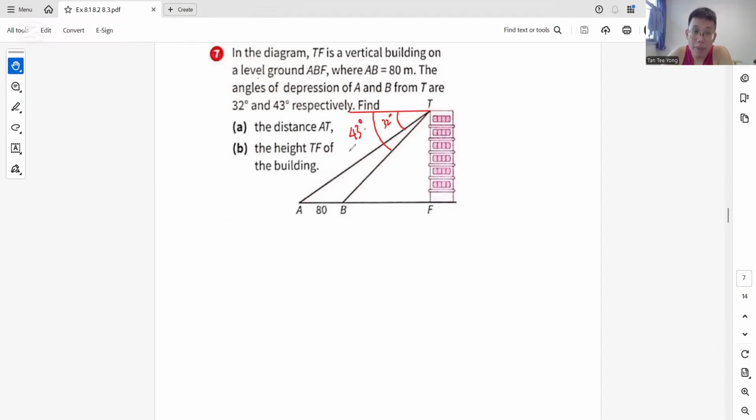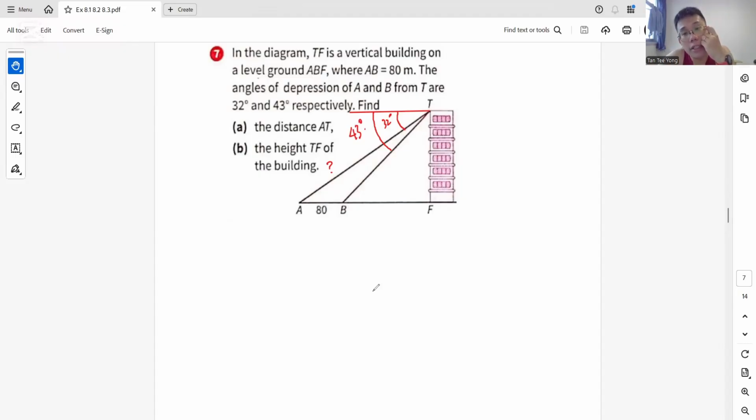Part A: find the distance AT. They want this distance over here, this is AT. In order to find AT, I will want to use the sine rule.